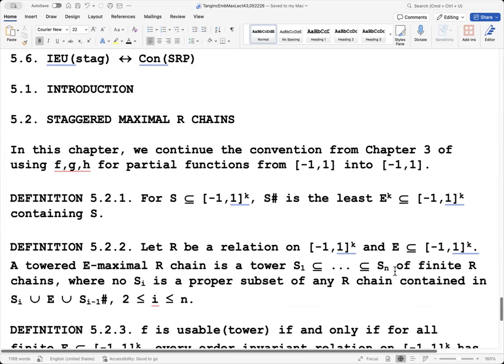When n is equal to 3, it might be called a 3 tower or a triple tower, maybe. When n is equal to 3, I think that this is already going to give me a strong enough notion that we have con SRP, that it's independent, it's large cardinals. I have a feeling that this is the case.